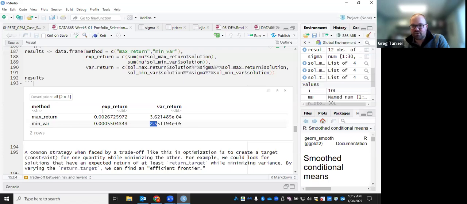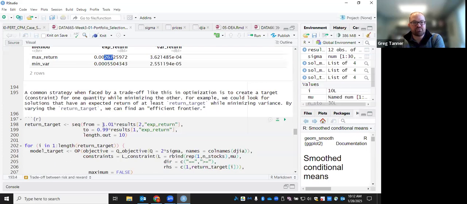We'll move that target progressively. We'll start off at this as our lower end target, and we'll move it up to our best possible target. We know we can't do better than that value when we try to maximize return. We'll move that across, and that will give us what's called an efficient frontier of the possible trade-offs between risk and reward.